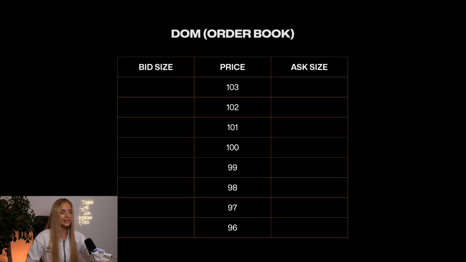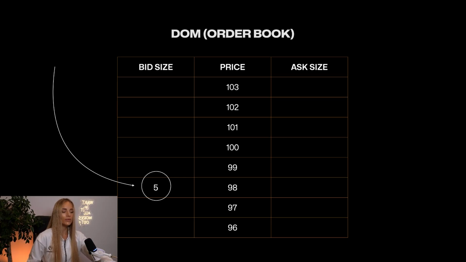Let me walk you through exactly how a market works using a very simplified depth of market example. We'll track just a few traders and see what actually happens. Let's say the market opens and there are no orders yet in the book. A few moments later, trader 1 comes in.